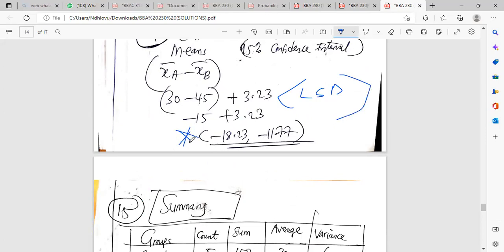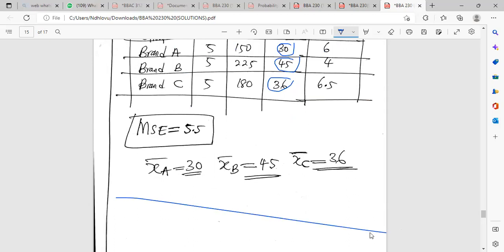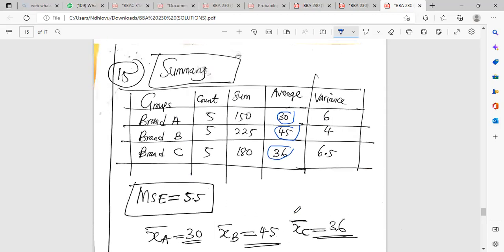For the groups of brand A, we have 5 counts, and each of them has N of 5. The sum was 150, the average was 30 for brand A, 45 for brand B, 36 for brand C. So this marks the end of question number 5 on the one-way ANOVA, analysis of variance.